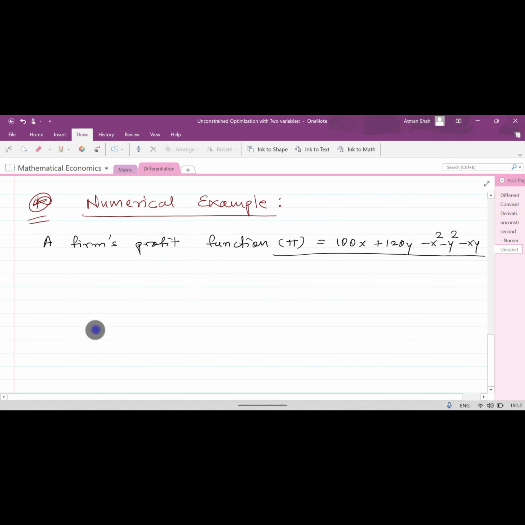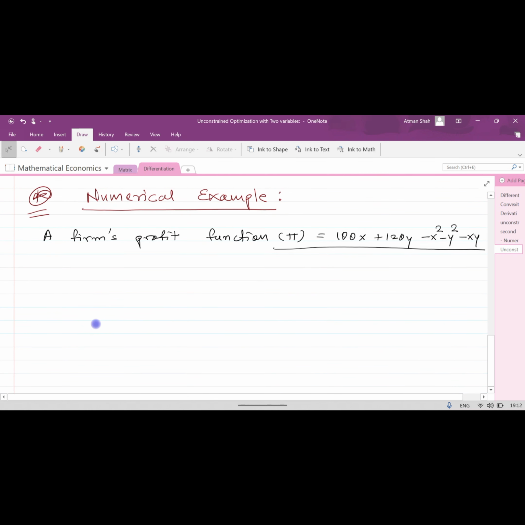Now let's see the first order condition. Here there is no external constraint, and therefore we have the case of unconstrained optimization with two variables. You can see here that profit depends on x and y both.